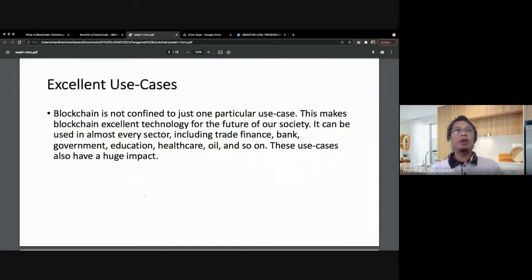And then we have blockchain, which also has excellent use cases. I think blockchain is not confined to just one particular use case. This makes blockchain an excellent technology for the future of our society. Blockchain can be implemented in every sector, including trade, finance, banking, government, education, healthcare, oil and gas, and so on.